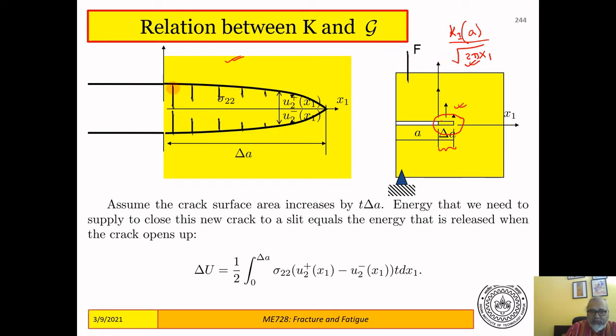So to close it down, we will have to apply these tractions, which are basically sigma 2 2 given by this quantity.